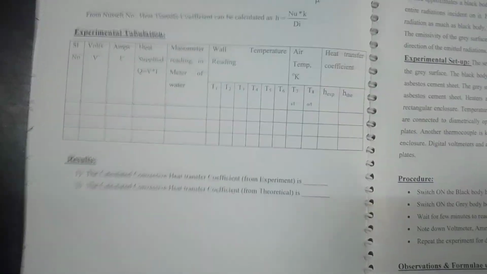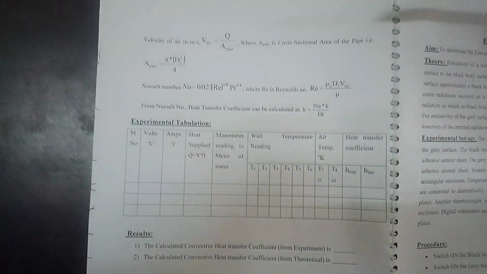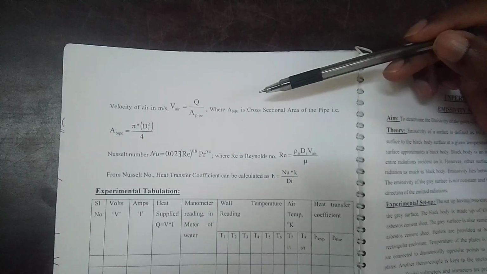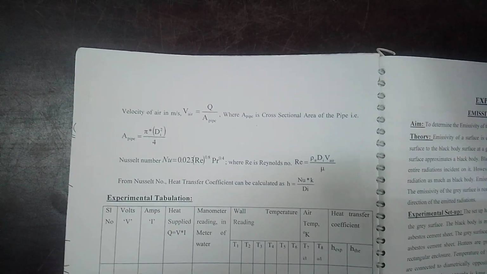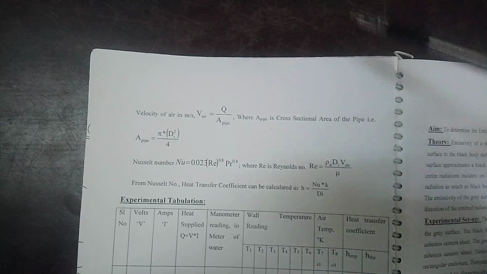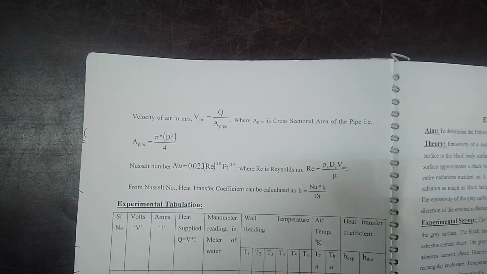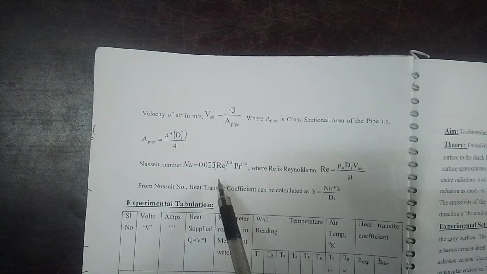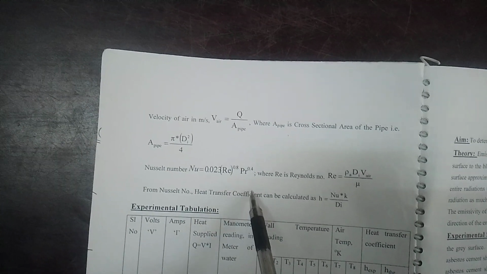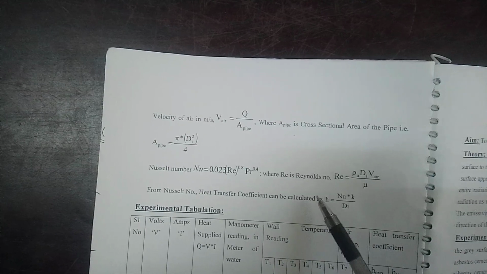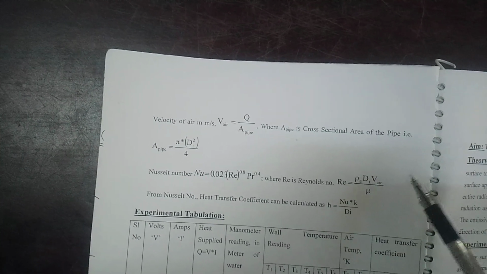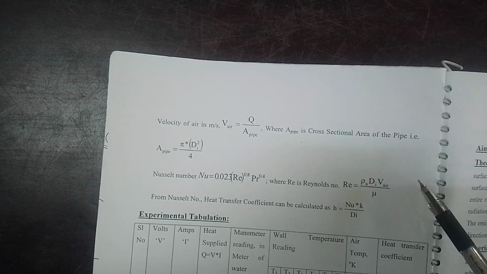Next, we can also find the velocity of air by knowing the area of the pipe, that is the cross-section area of the pipe. Afterwards, from the data handbook we can find the Nusselt number by knowing the Reynolds number and the Prandtl number. So the Reynolds number equation we have; all the values we got for the ambient temperature we substitute into it.